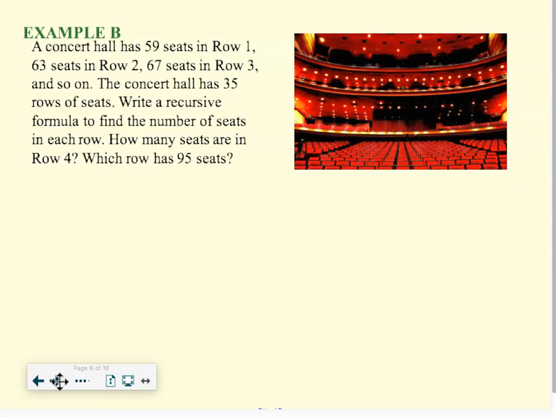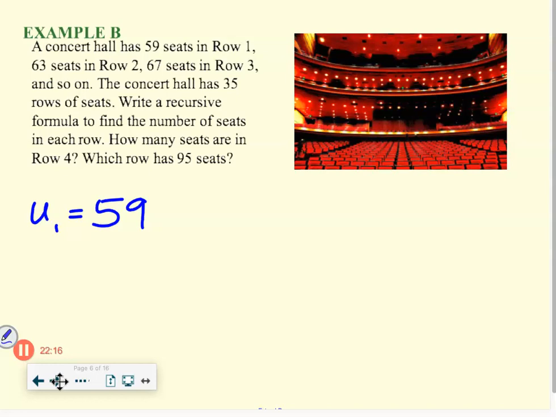We're going to do the first term together. What is u sub 1? 59. Does everyone understand why u sub 1 is 59? Because that's how many seats are in row 1.